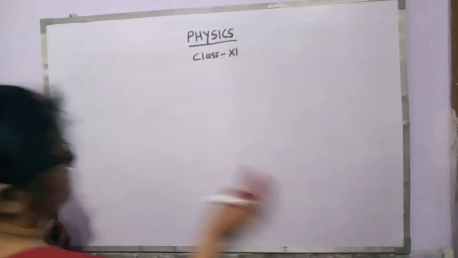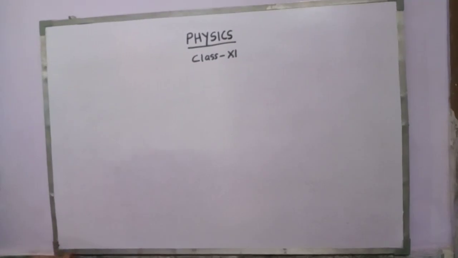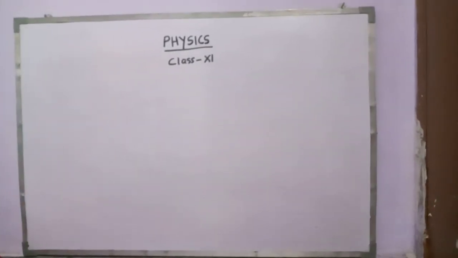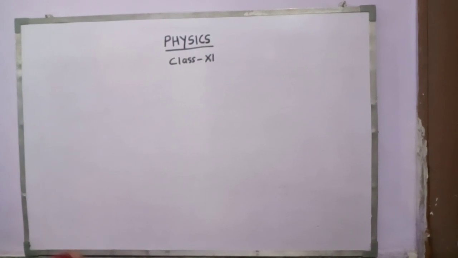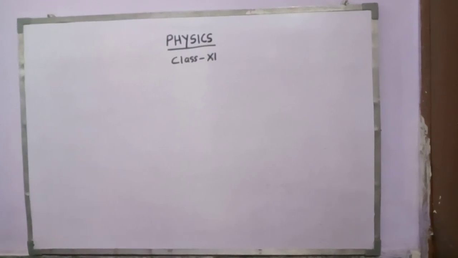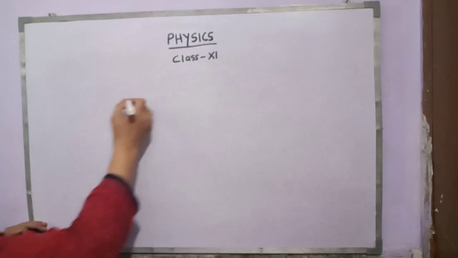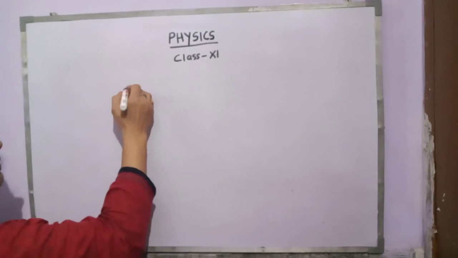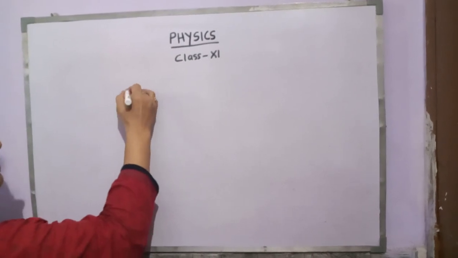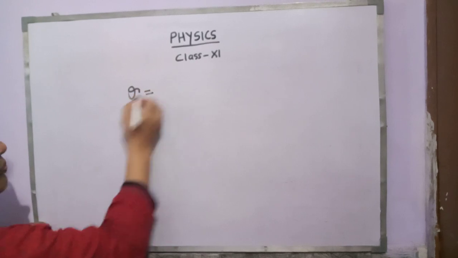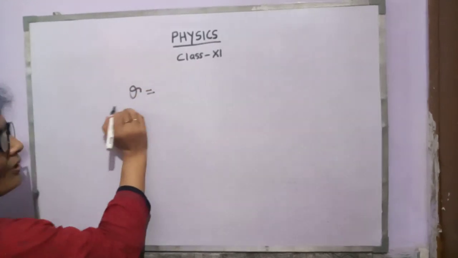Now, how can you express any physical quantity? For representing a physical quantity, there should be its magnitude as well as its unit. I have written the physical quantity in this form Q. Q means physical quantity.